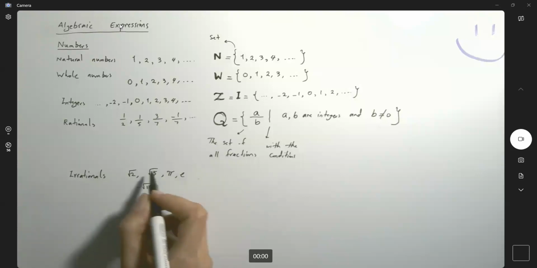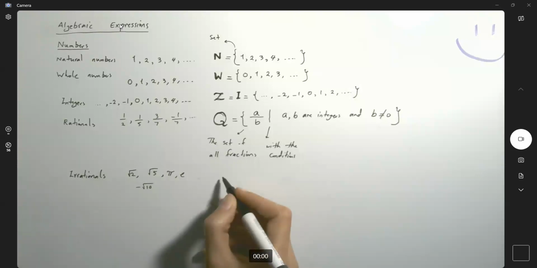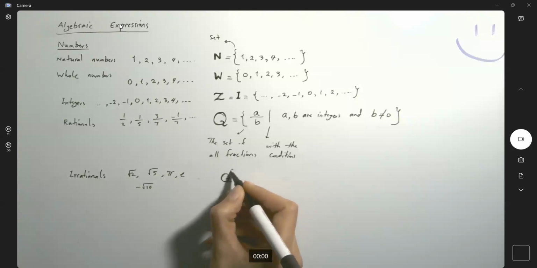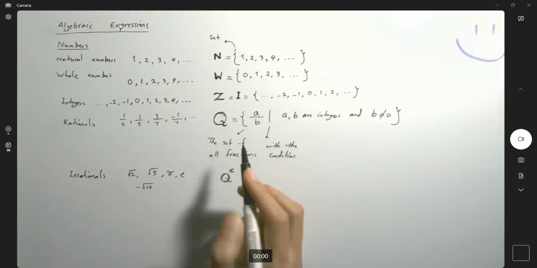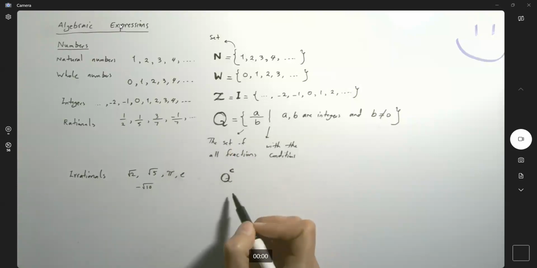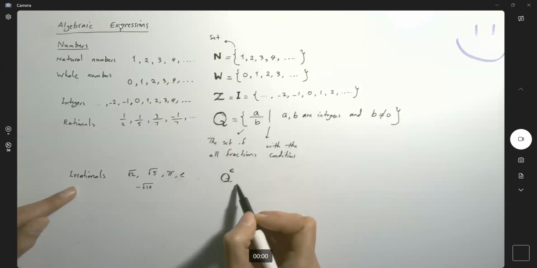These are all called irrational numbers, and you represent them by Q complement: Q, and C on top of it, the complement of Q, or irrational numbers.